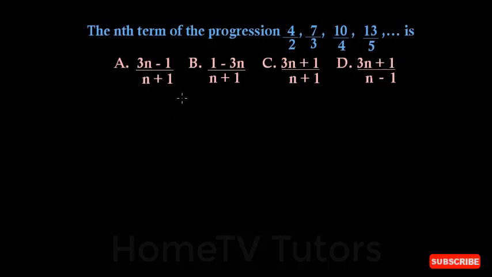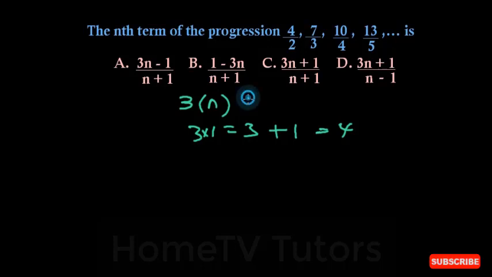So we have an increment of 3 multiplied by the nth term. Let's say when n is 1, 3 times 1 is 3. Then when we add 1 to that, it gives us the value of the first term, which is 4. So it's like 3 times n plus 1 gives us the first term.